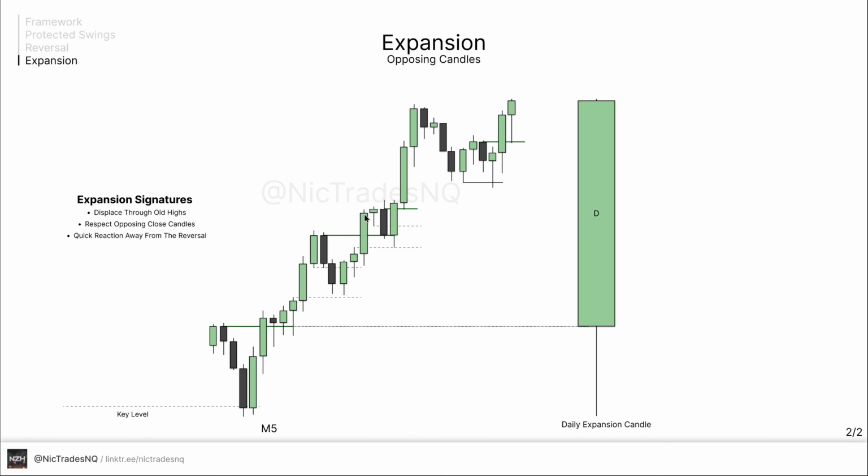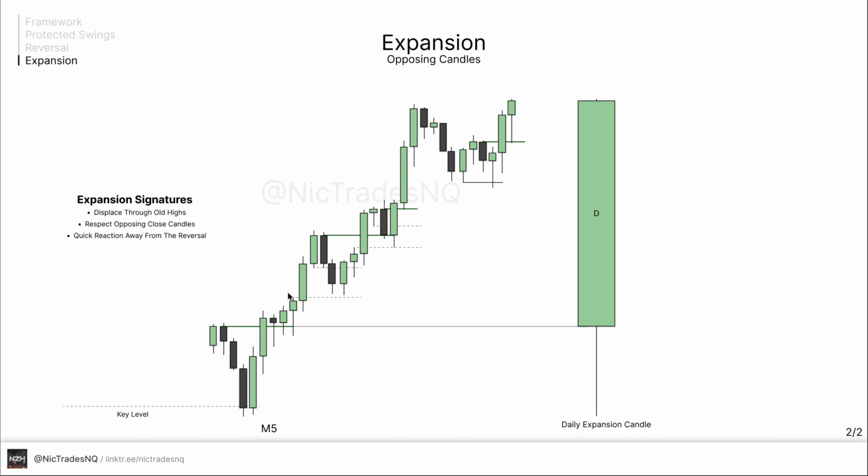So when we get this close up here, we don't want to see price return back down to this low. That would kind of invalidate the idea that we have. And we want to see a quick reaction away from the reversal, like price is in a hurry to get somewhere. And we don't want to see it just chop around for 2 or 3 hours. That's not very ideal.